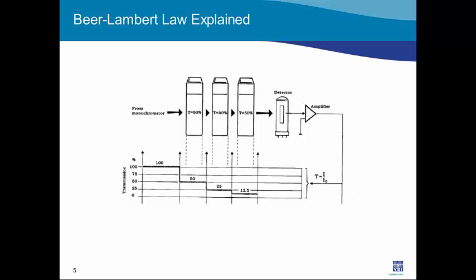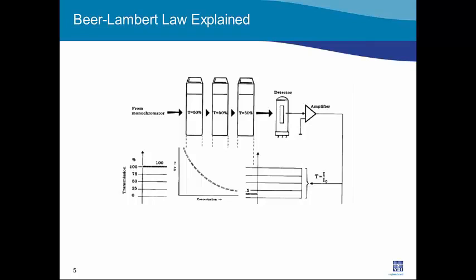And if we measure these in series, one after the other, through the first sample, the intensity would be 50%. Through the second sample, the transmission would be 25%, and then through the third sample, 12.5%. And then if we took this and plotted that transmission versus concentration, we would get an exponential curve as we predicted.